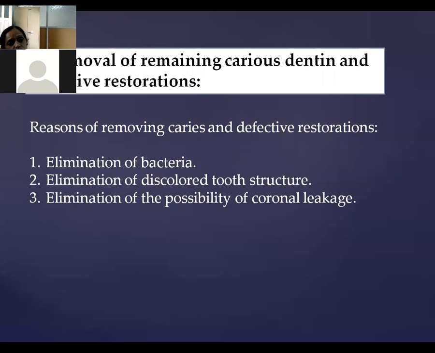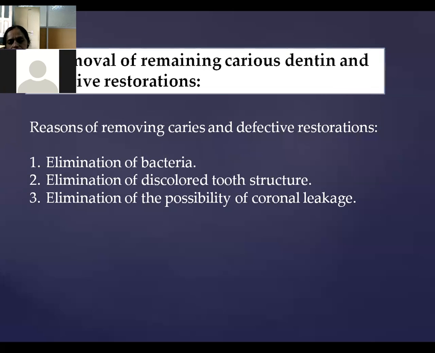We also have to remove the restorations, because while doing the instrumentation, the restoration may get chipped and block the canal orifices. The canal orifices are very tiny, almost or less than 1 millimeter in diameter. Suppose we have a fractured amalgam restoration and we don't remove it completely before the access cavity preparation.